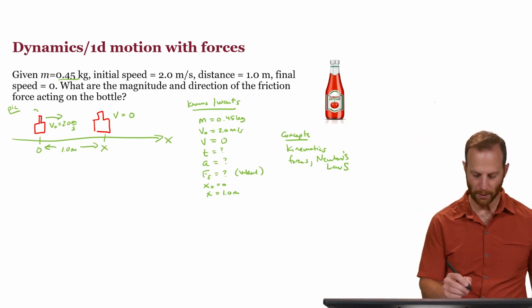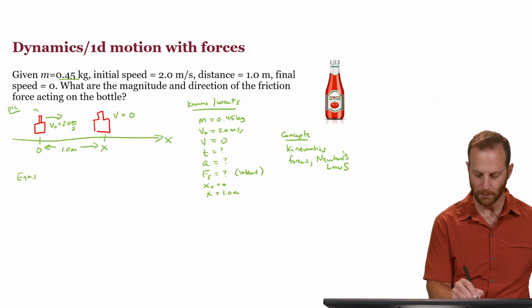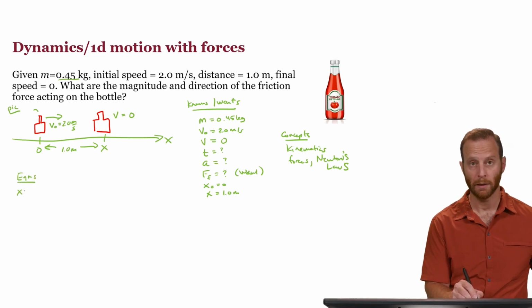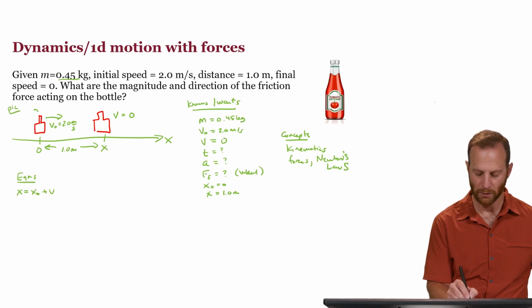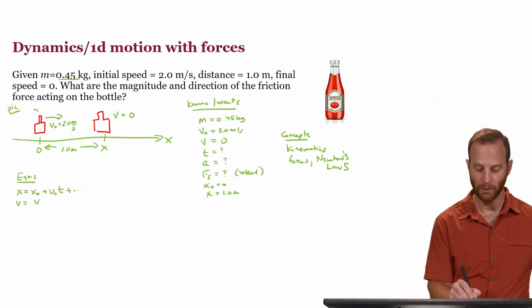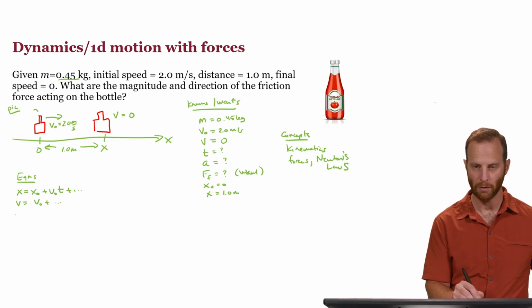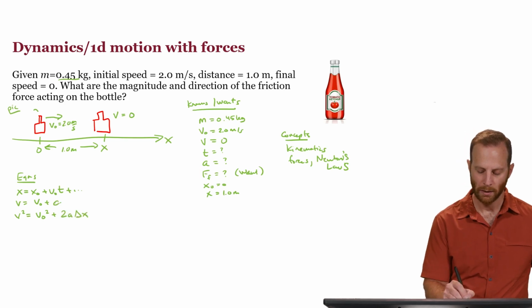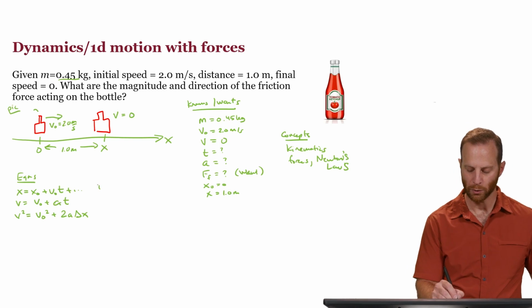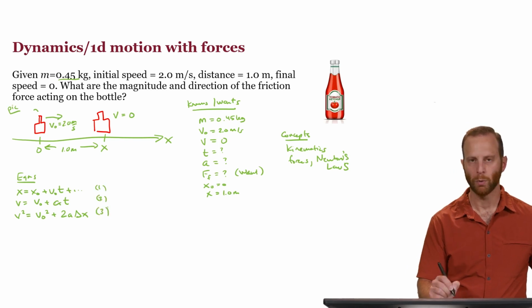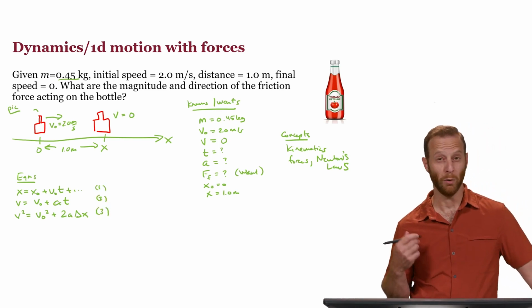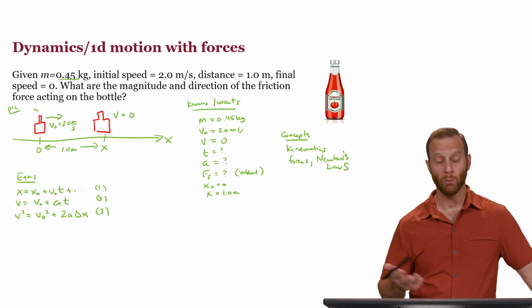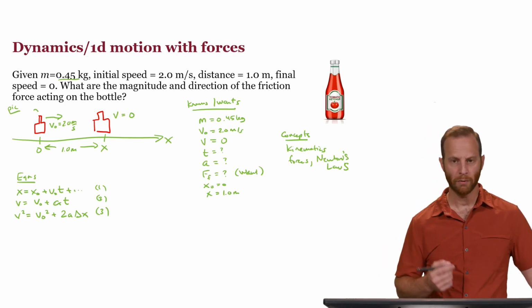We have x equals x0 plus v0 t plus dot, dot, dot. We have v equals v0 plus dot, dot, dot, and we have v squared. I'm only going to write the last one in full, because the top two equations would require time, and we don't need time. Those are the relevant kinematics equations, and we also have Newton's laws.